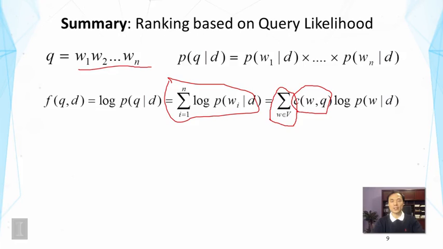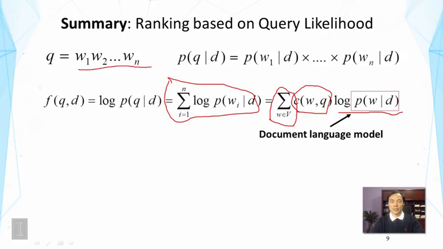Essentially, we are only considering the words in the query, because if a word is not in the query, the count would be 0. So we are still considering only these n words, but we're using a different form, as if we were going to take a sum over all the words in the vocabulary. And of course, a word might occur multiple times in the query. That's why we have a count here. And then this part is the log of the probability of the word given by the document language model.